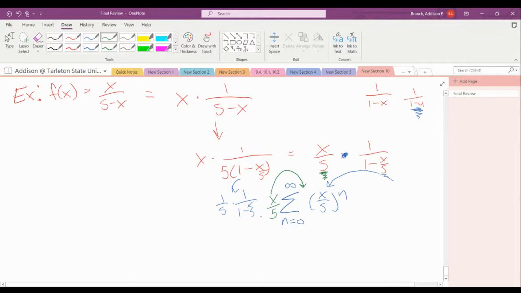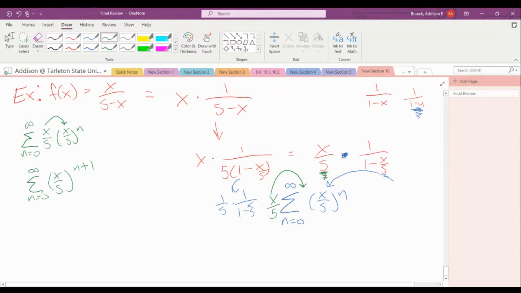So we can rewrite this as x over 5 times x over 5 to the n. Since those are both x over 5, we can move this in here and change the exponent to n plus 1. So we have x over 5 to the n plus 1.